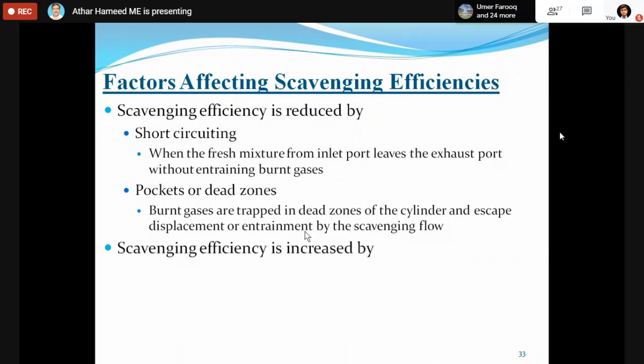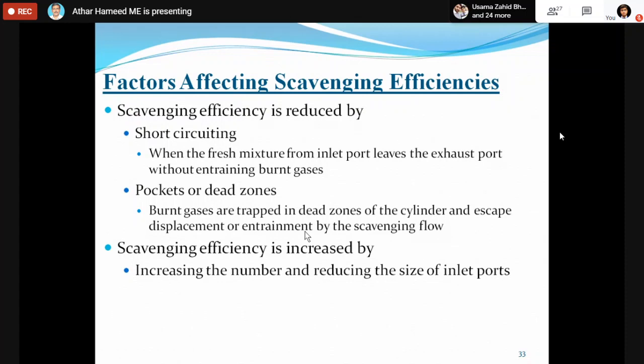Scavenging efficiency is increased by increasing the number and reducing the size of the inlet ports, so that we have multiple places for moving the mixture inside under pressure.